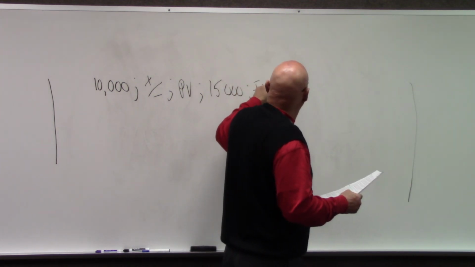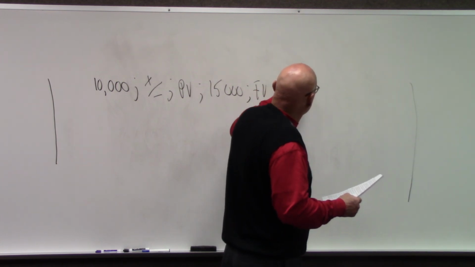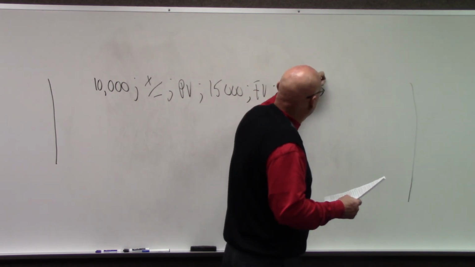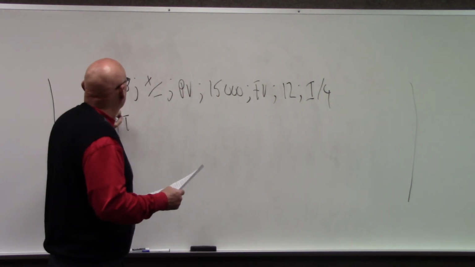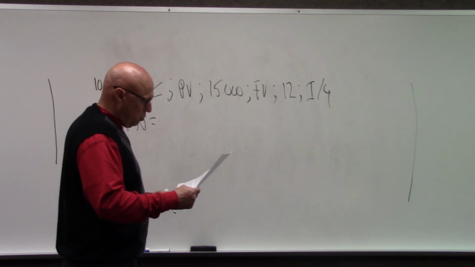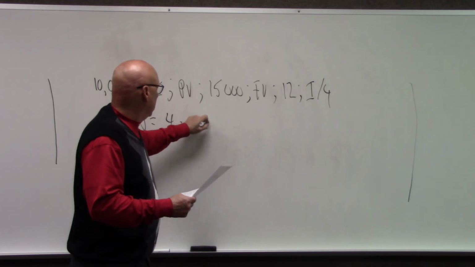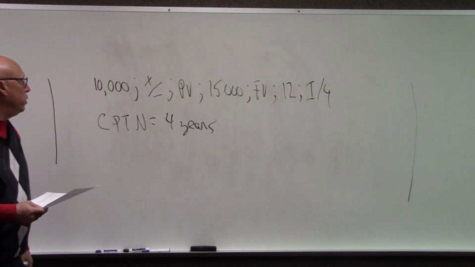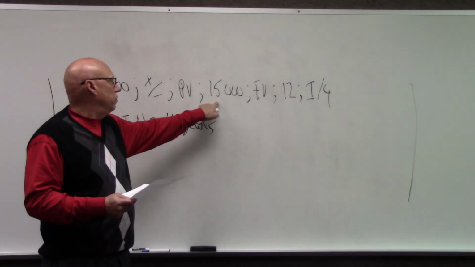And 12 is your IY. Compute N, and you get 4 years. It will take you 4 years for that 10,000 to become 15,000.